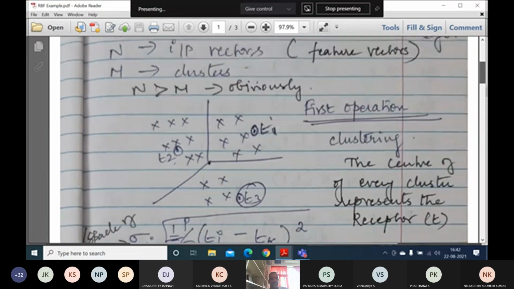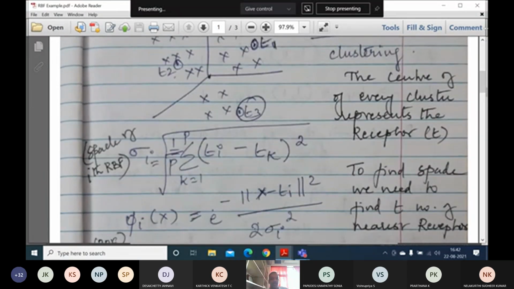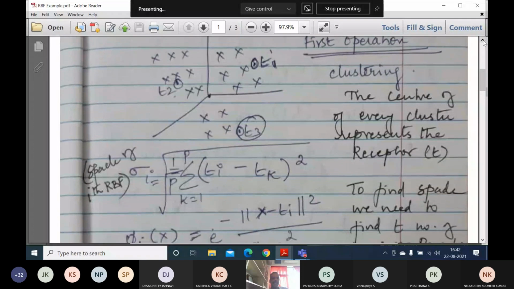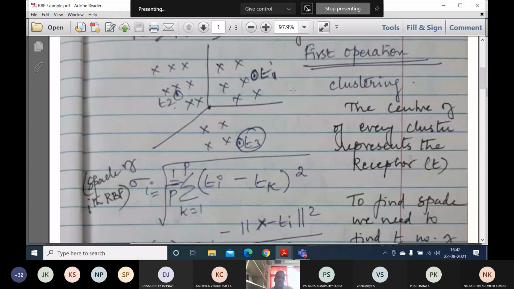Once I find the center point, that is the receptor of the cluster, I can find the spade of the ith RBF. It may be any point, either this point or this point.